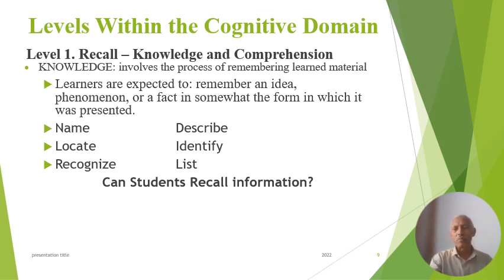These are some of the verbs. And if you go into Google and search for Bloom's taxonomy, you will find lots of verbs that you can use, but these are a few of them. So describe, identify, list, name, locate, recognize. These are verbs at the knowledge level. So the question is, can students recall information? This is the first level.